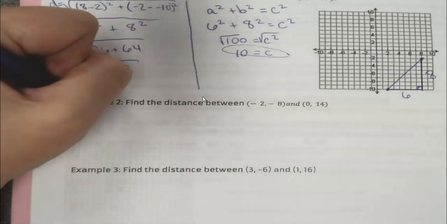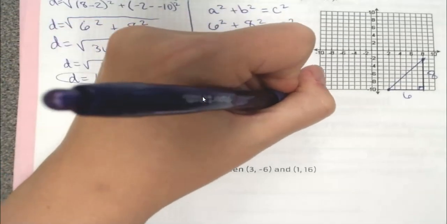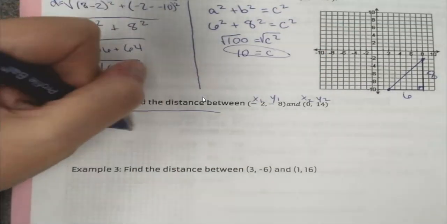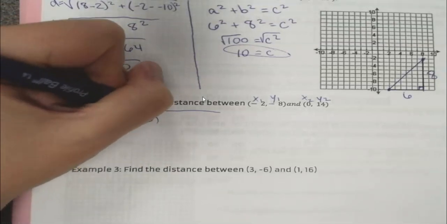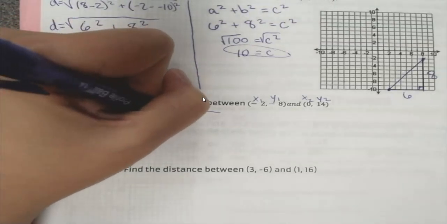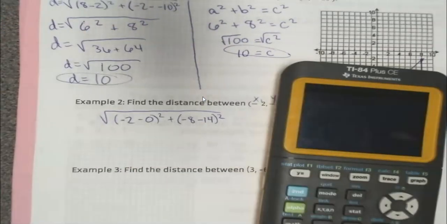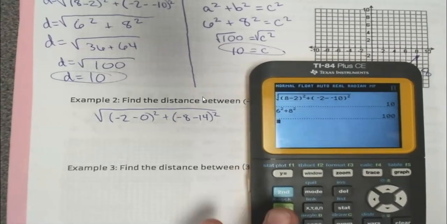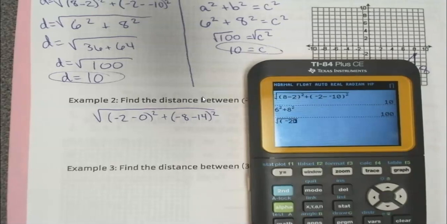And then next, we are going to do the distance formula, x1, y1, x2, y2, just to get some more practice of this. So we've got negative 2 minus 0 squared plus negative 8 minus 14 squared. We could plug all of this in the calculator: parentheses, -2 minus 0 squared plus -8 minus 14 squared.